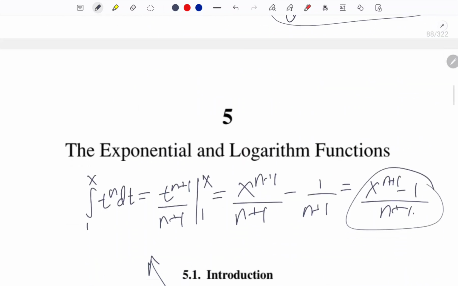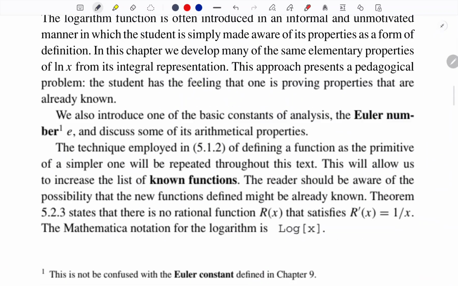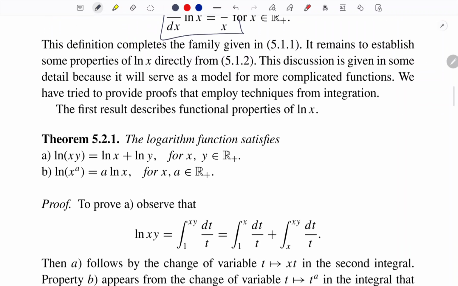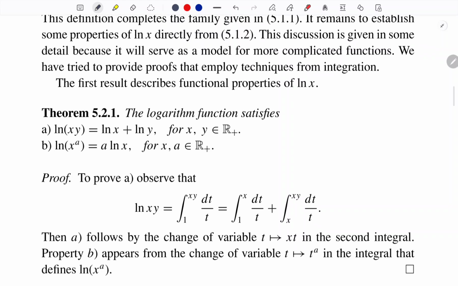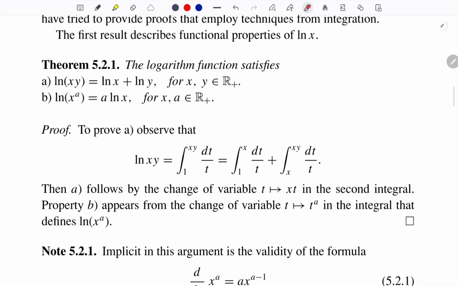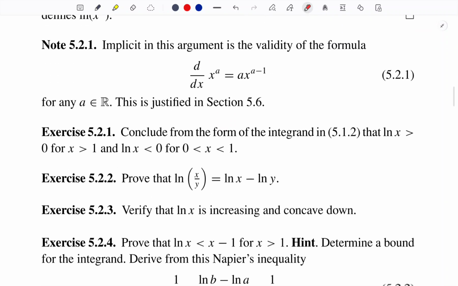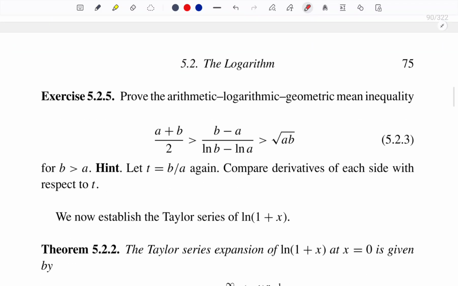This thing should be remembered by you guys. That's what the author has represented here, and these are some basic formulas for the logarithm. I'm not going to explain everything in this video, but you can check it out. It's basic things. Let's just move on.